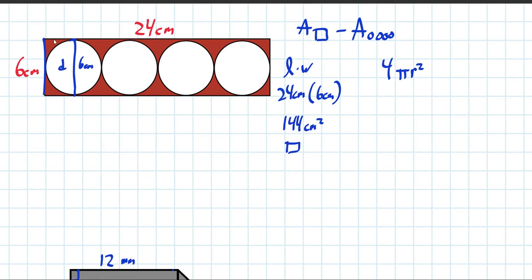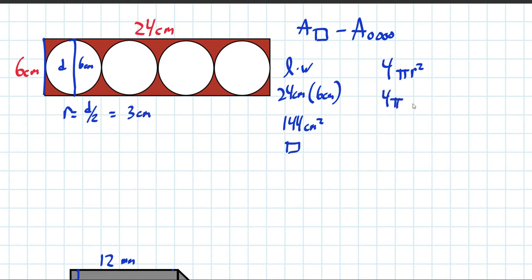We could do it this way too. 1, 2, 3, 4 of them fit into 24 centimeters, so 24 over 4 is going to be 6 as well. But anyway, the diameter is 6 centimeters, which means that the radius is going to be always diameter over 2, which 6 over 2 is going to be 3 centimeters.